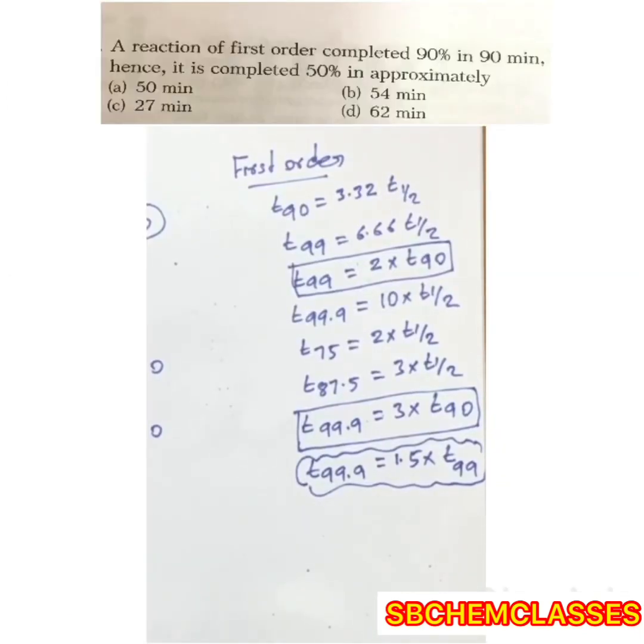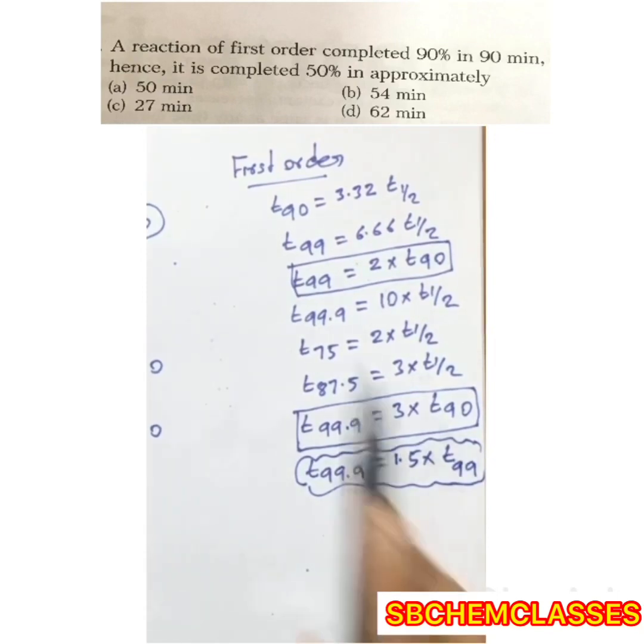A reaction of first order completed 90% in 90 minutes. Hence, it is completed 50% in approximately? For first order reaction, T half is independent of initial concentration. So, we can use these equations in first order.